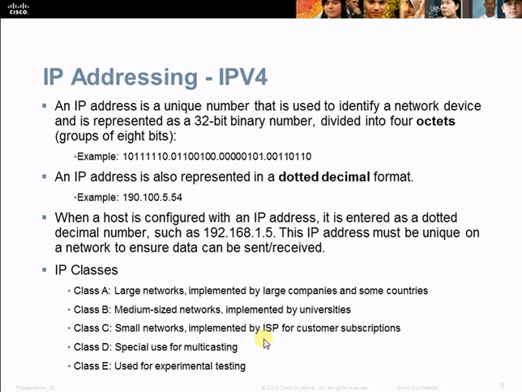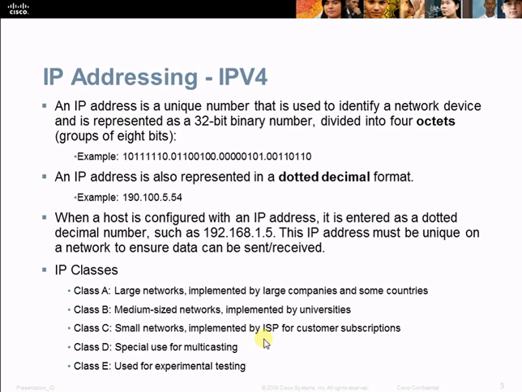Something else we need to talk about for our networks is IP addressing. You'll see here they give us the 32-bit binary number, so that 101111, etc. And then usually it's expressed to us in a dot decimal format, and there we have that 190.100.5.54.